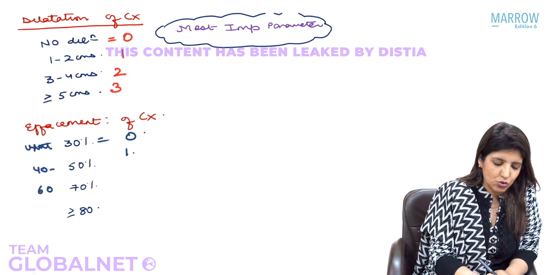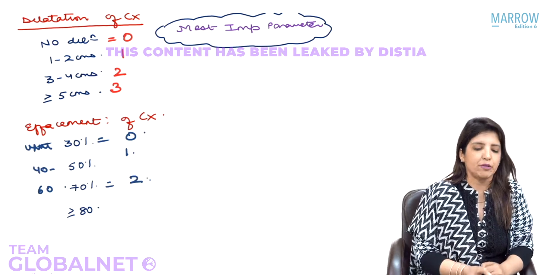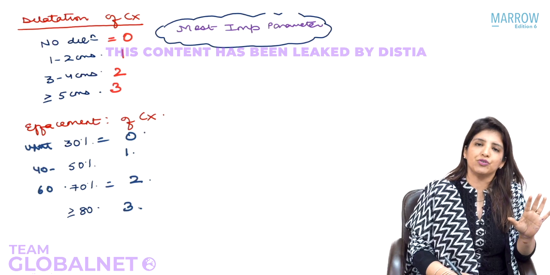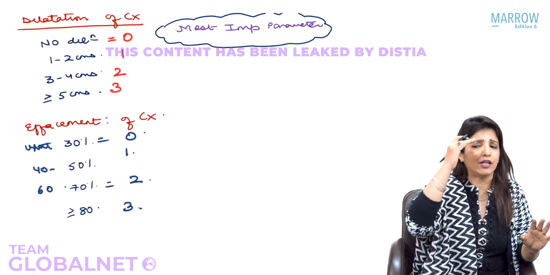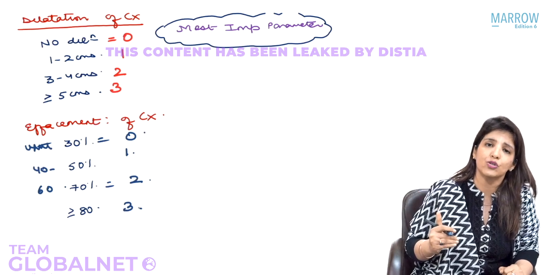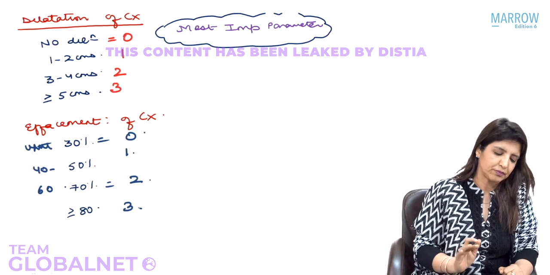If it is 60 to 70, you will give a score of 2. If it is more than or equal to 80% effaced, you will give a score of 3. So you don't have to remember the range, just remember it like this: 30, 50, 70, 80, and your purpose will be solved. 0, 1, 2, and 3. Clear to all of you? Okay.